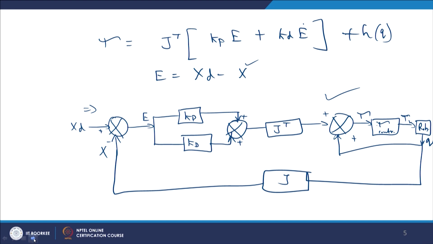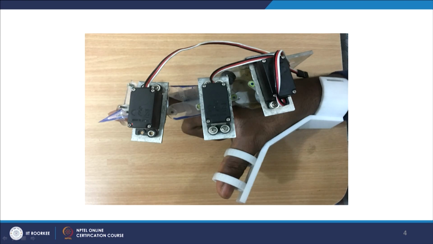Now, we come to our exoskeleton. In this exoskeleton, the thumb portion is fixed, whereas the index finger exoskeleton is the one worn by the human subject.